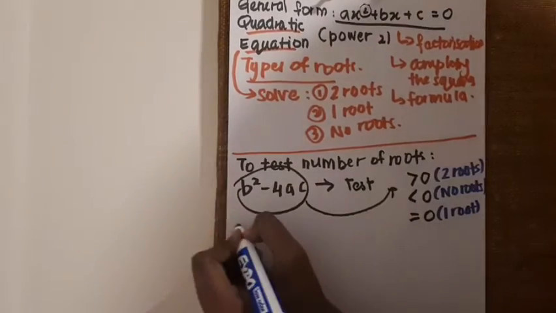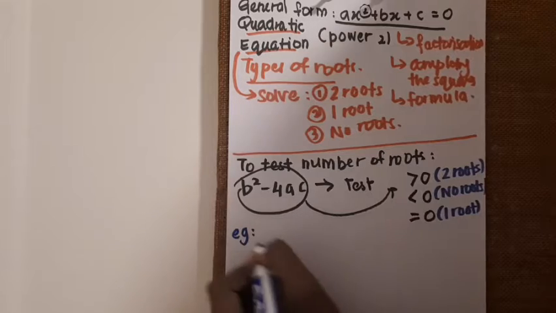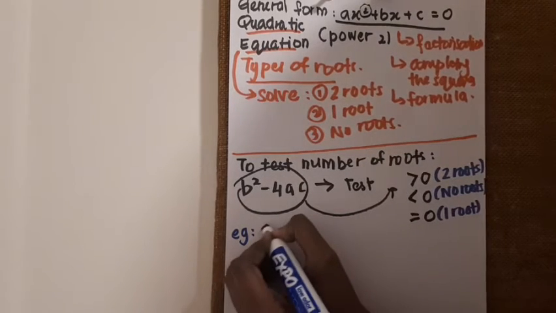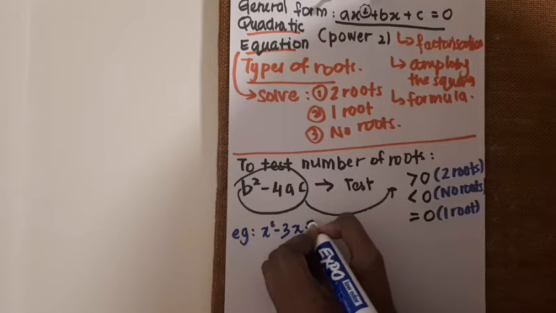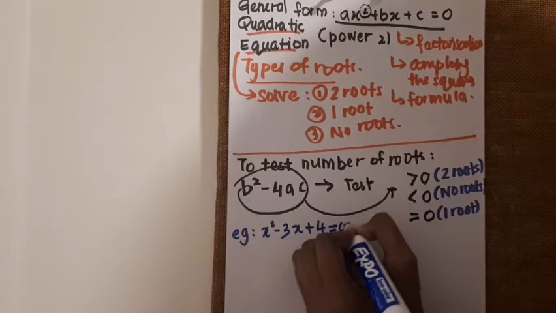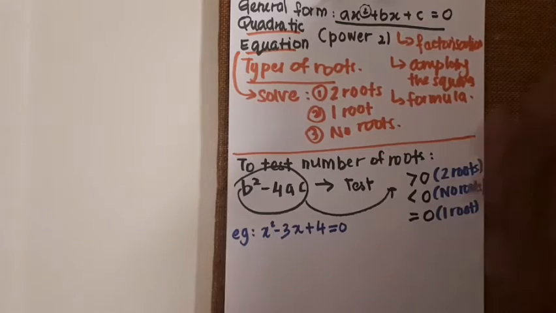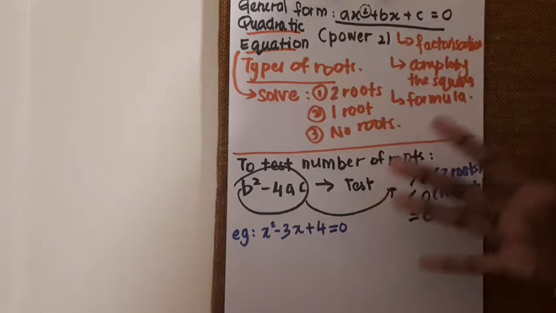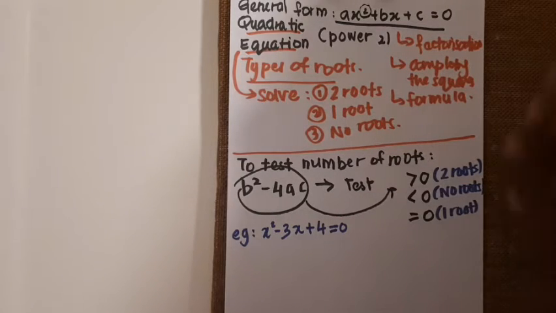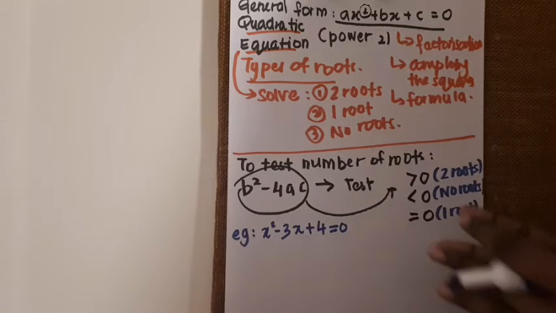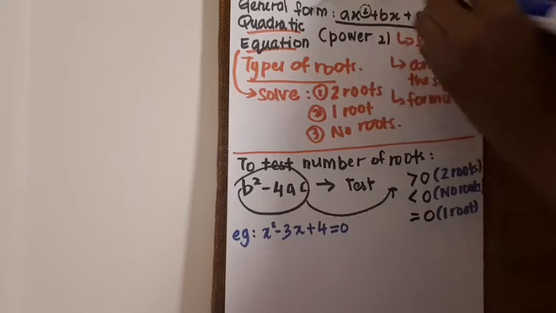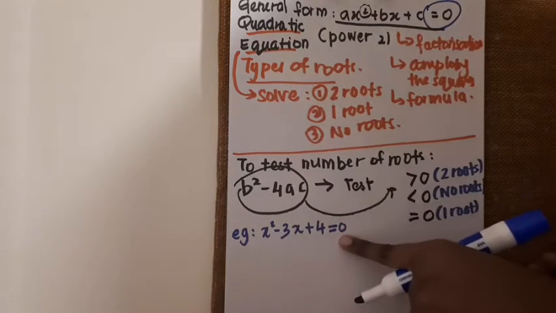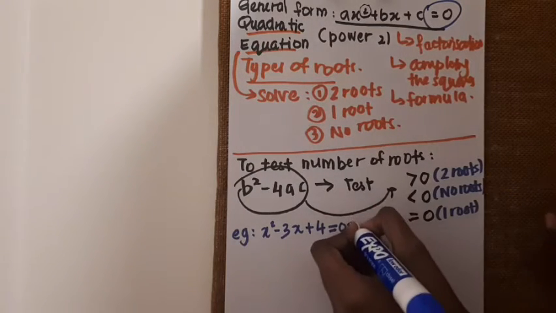Let's say we have the equation x squared minus 3x plus 4 equals 0. First, check if this is in the general form. The first rule is to check if the equation has an equals to 0 sign, and yes, we have this checked out.